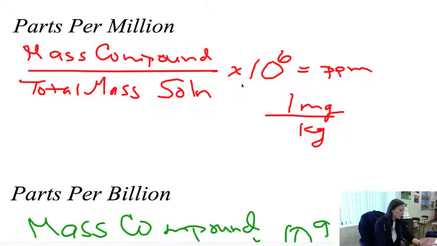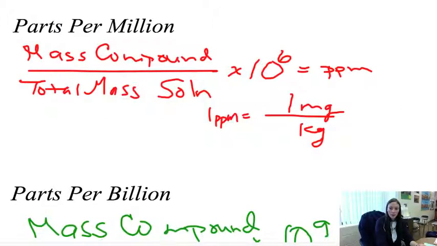That's so many parts per million. And 1 part per million, or ppm, is 1 milligram per kilogram, because a liter of solution is a kilogram.